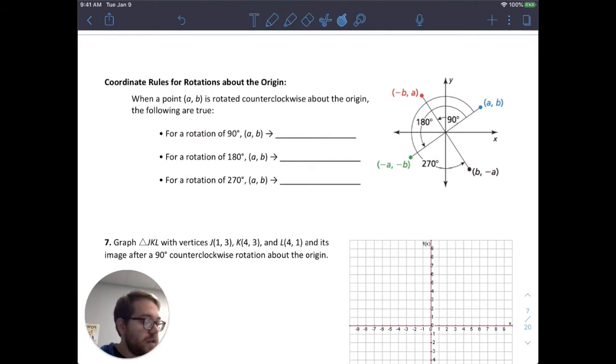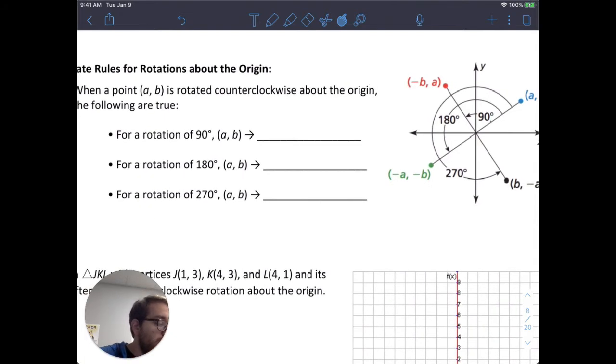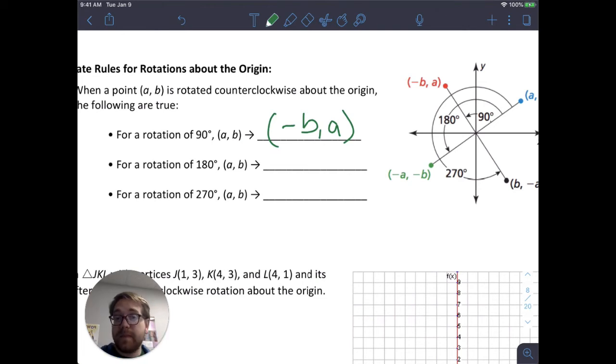So if you have this point (A, B) and you rotate it counterclockwise about the origin, each of the following are true. If we rotate that point (A, B) 90 degrees, that rotated point is (-B, A). And so the coordinates flip, and the first coordinate will change signs.